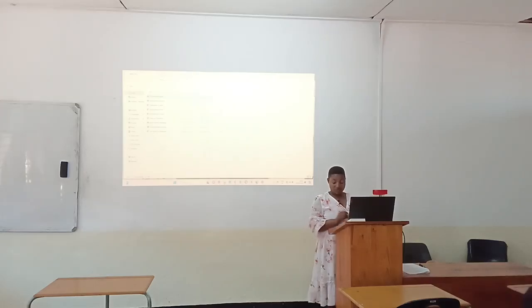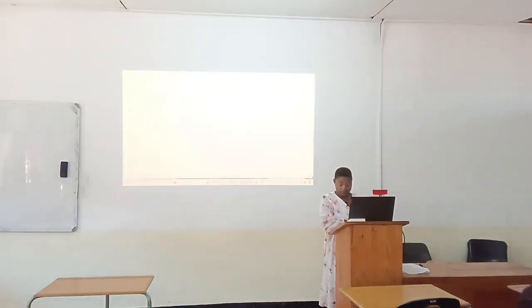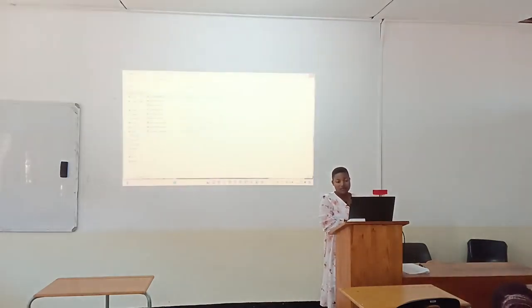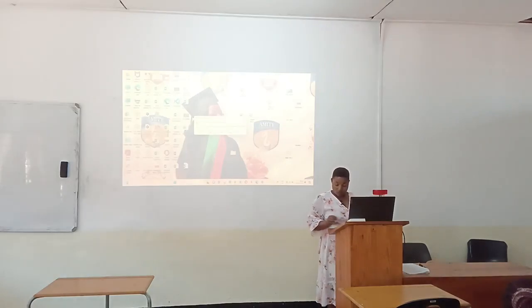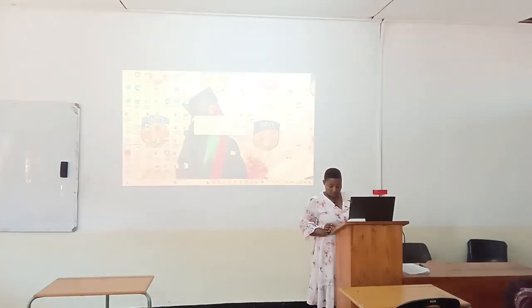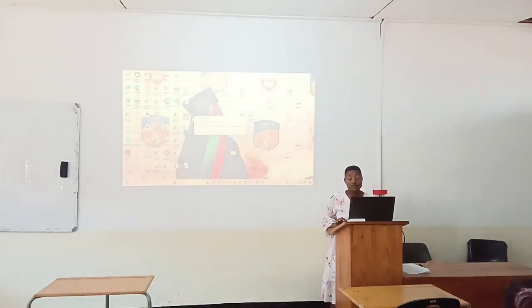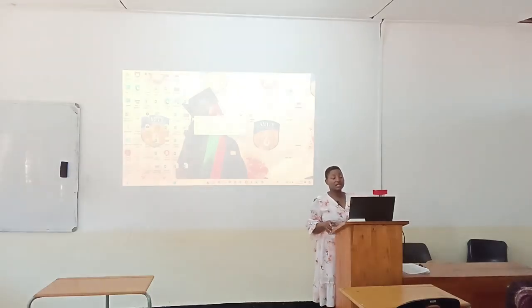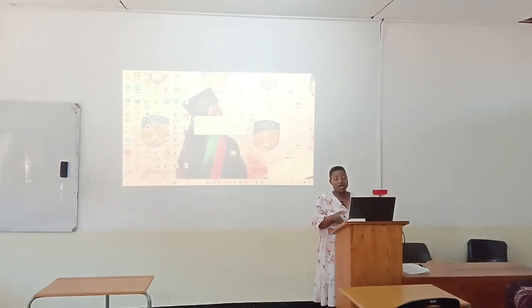So, what are the functions of the musical instruments? The first one is the melodic function. People choose the musical instruments based on what kind of melody, what kind of sound they desire to have.